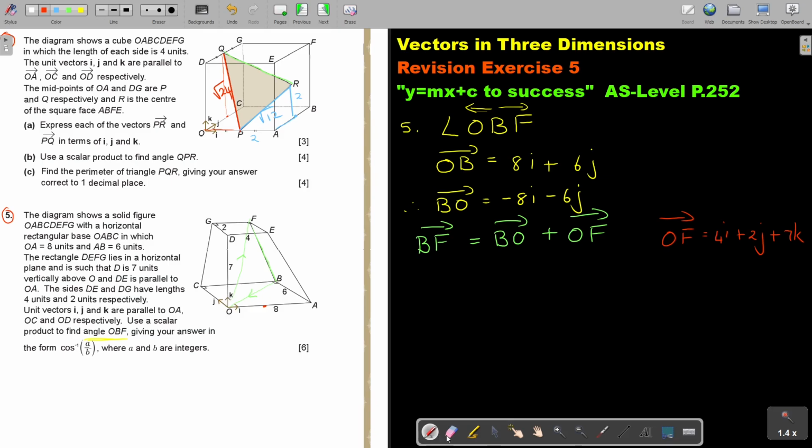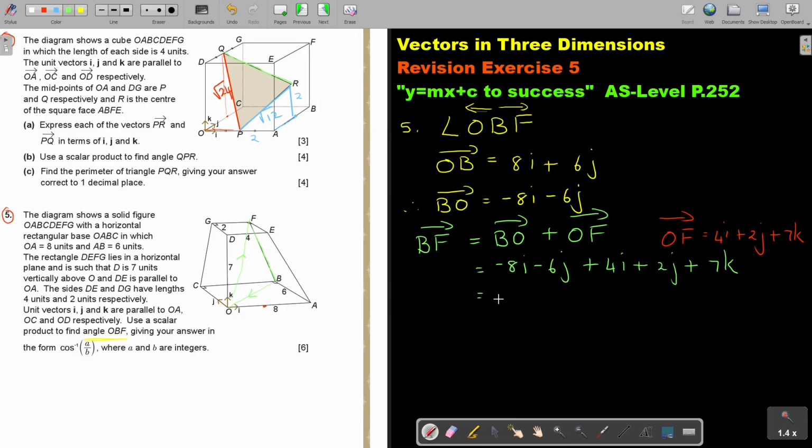Because now I can go and say, okay, let's just go back to the green. BO is negative 8I minus 6J plus 4I plus 2J plus 7K.